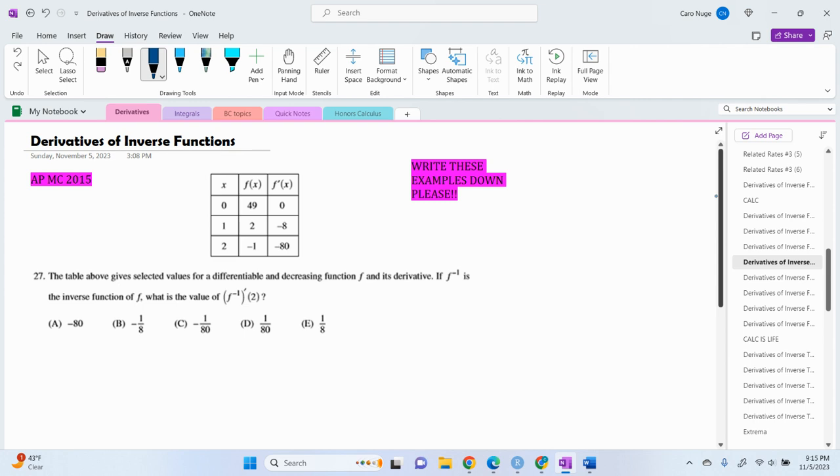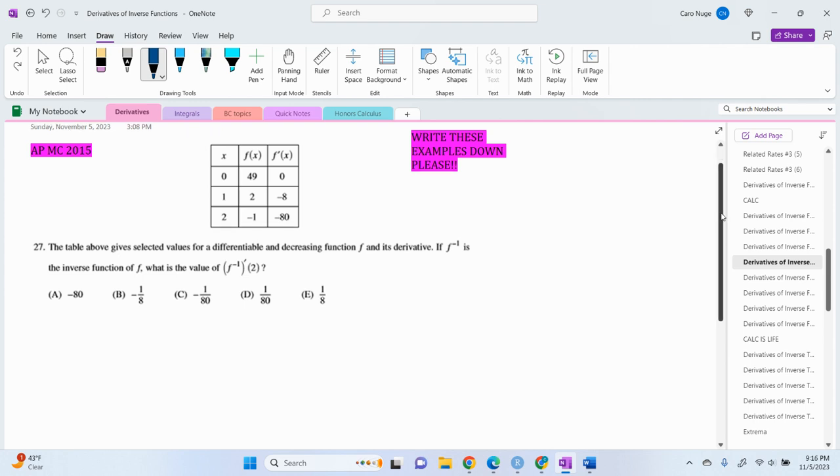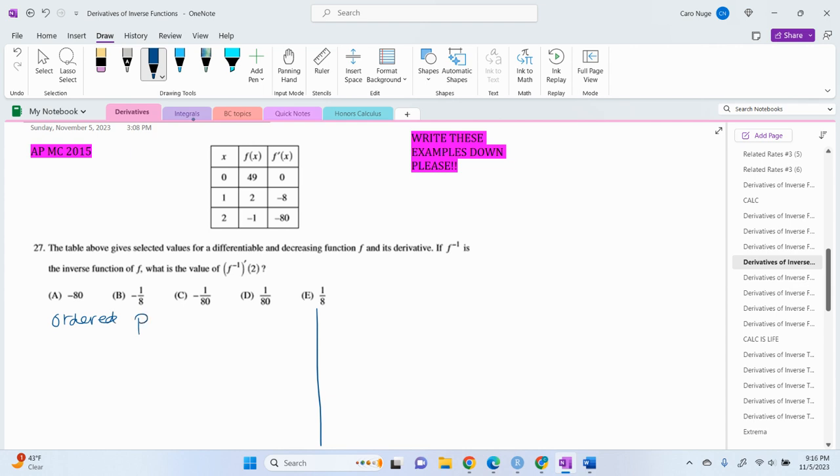I'm going to show you 2 ways how to do this. I do prefer one of the ways over the other, but you are free to use whichever way you want. The first way is going to be strictly using ordered pairs and the reciprocal relationship. Another way is using a formula. Some people really like using the formula; you just have to remember what it is, but it's really quick to derive.